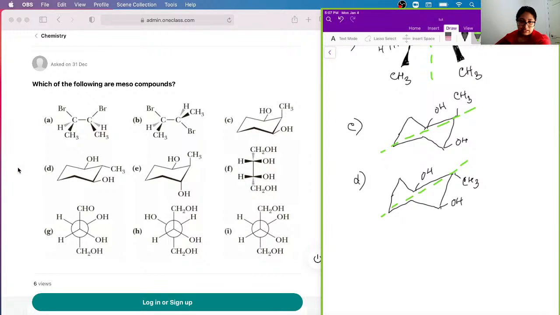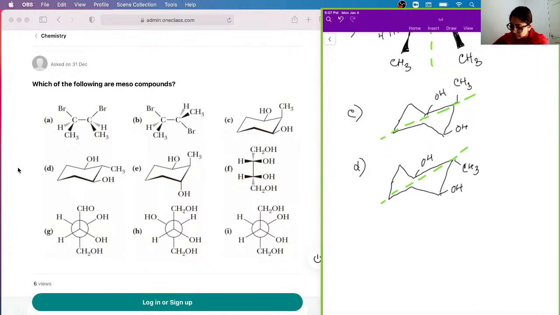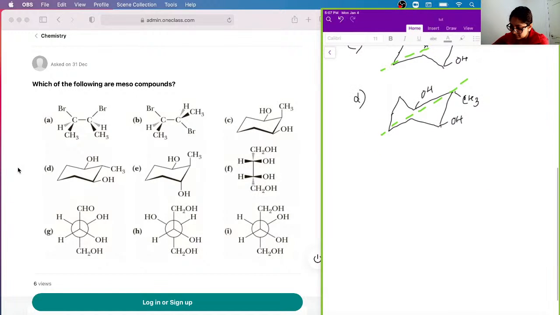Okay, and the next one that we would have would be F. I'll show you how F is a meso compound.